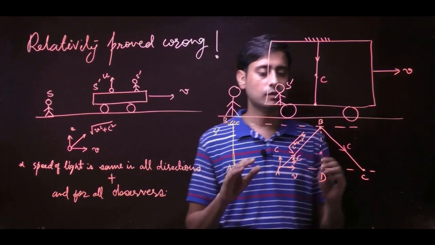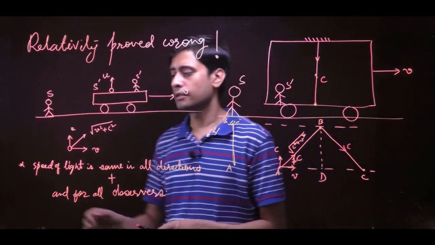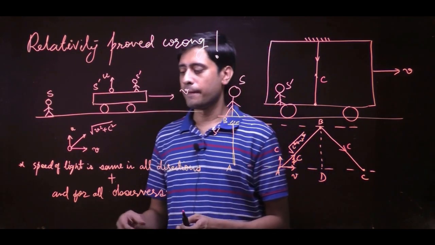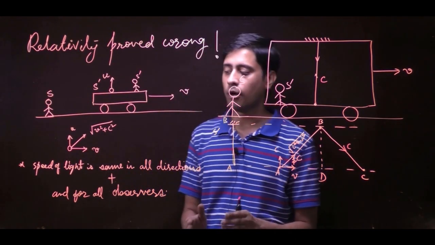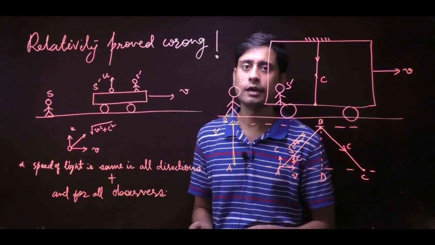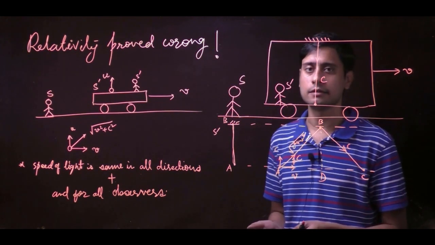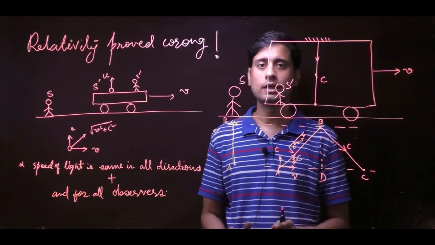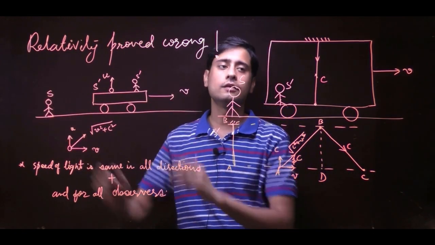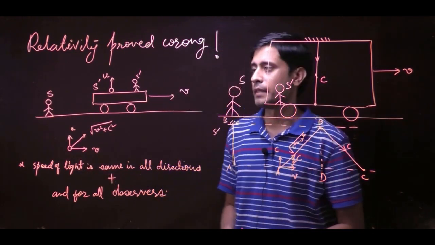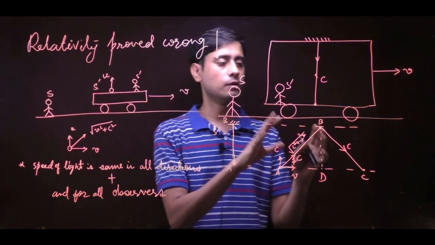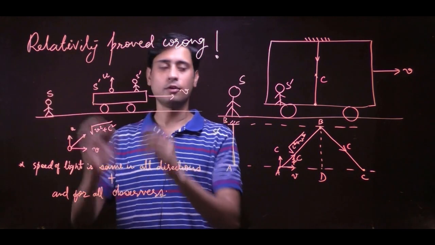This is the postulate of special relativity. So the speed of light is the same in all directions and for all observers. The speed of light is not relative to anything. But if we assume that Newtonian or Galilean relativity works, then the speed of light must behave in the same manner.